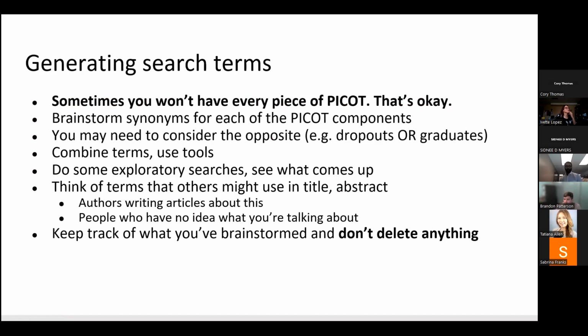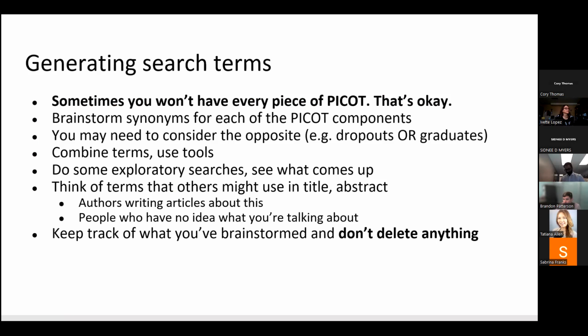It's also important to look at synonyms for these PICO components. For instance, pregnant teens, pregnant adolescents. We're thinking of different ways that the literature is going to be talking about this topic, and trying to capture as many of those as we can.